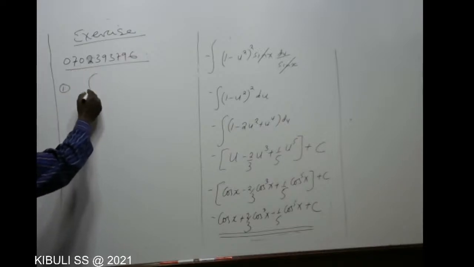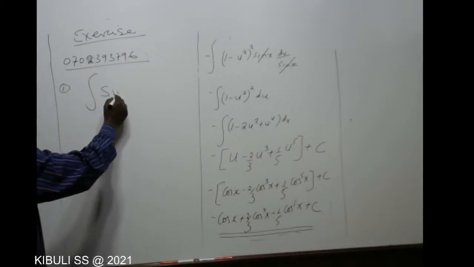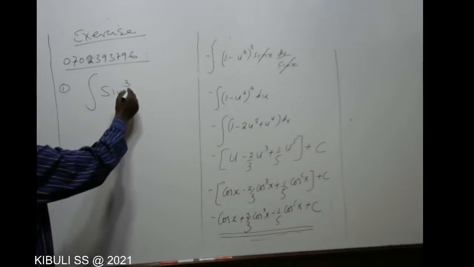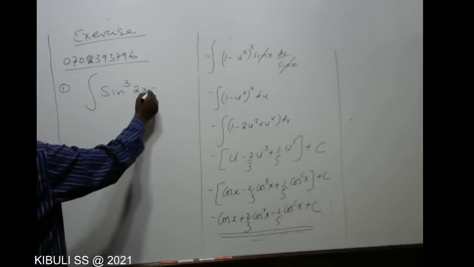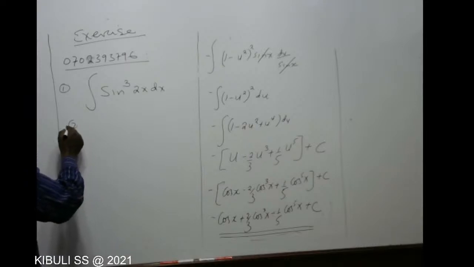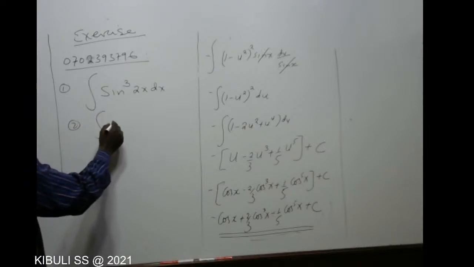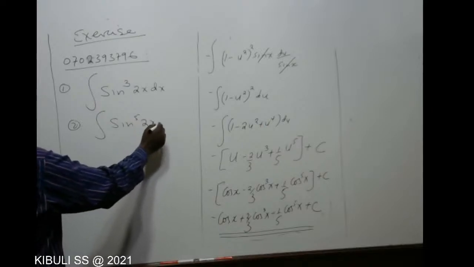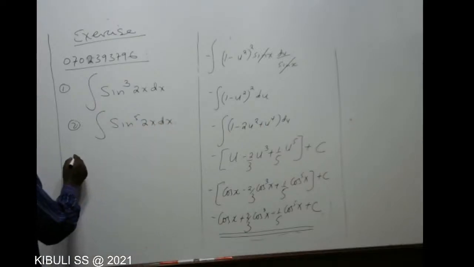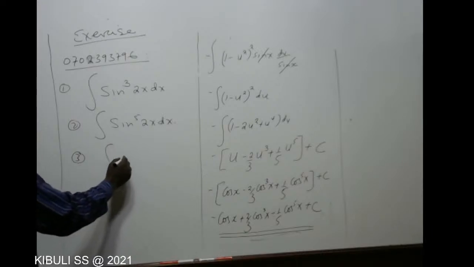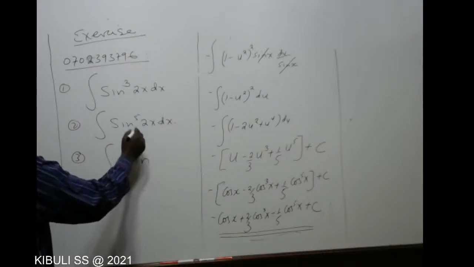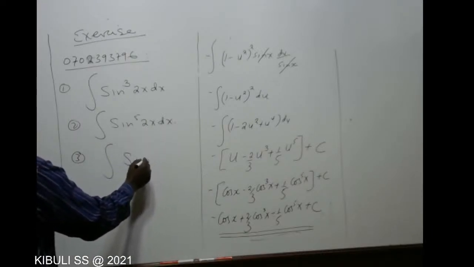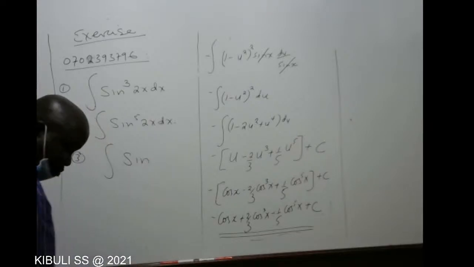For example, look at, if I have sin cubed 2x, 3x, number 2. Try sin power 5 2x, 3x. Number 3, you can write for me sin, let me sign the cos.